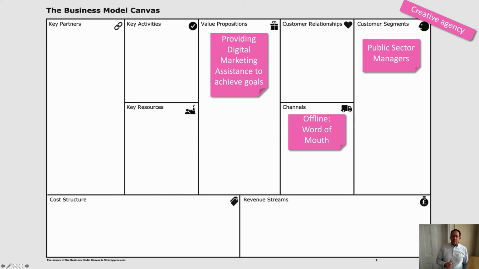Channels. Let's look at channels now. So one thing about channels is this is about how your customer segment prefers to consume, take advantage of, engage with this type of a product or service. So in this particular instance, the channels that I used in terms of offline are word of mouth.